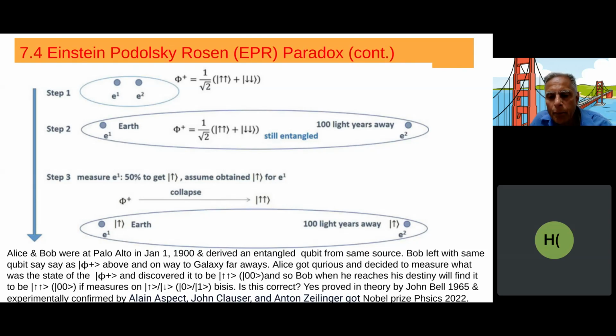So when Bob measures at his end, whenever he decides to do that, according to quantum theory it should be 00, because it is the same, entangled qubit.